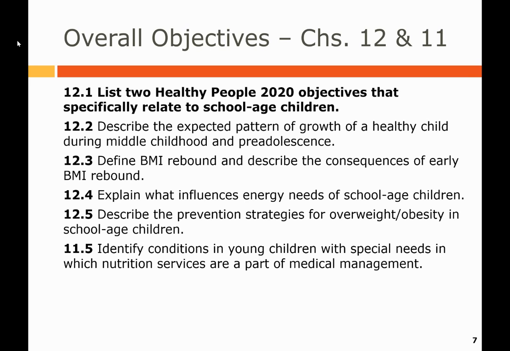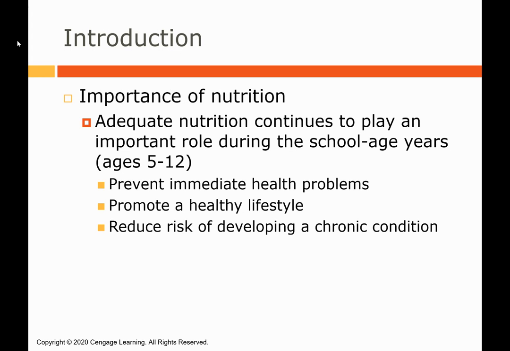So first, objectives are to list 2 Healthy People 2020 objectives specifically related to school-aged children. If you remember, we did this. We've covered Healthy People 2020 throughout the stages of the life cycle from preconception to toddlers so far.